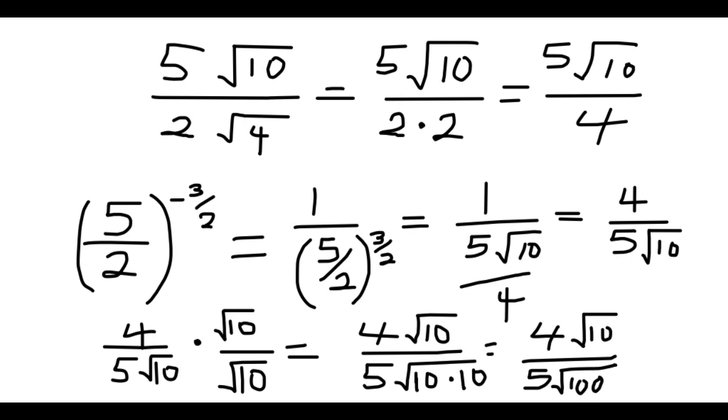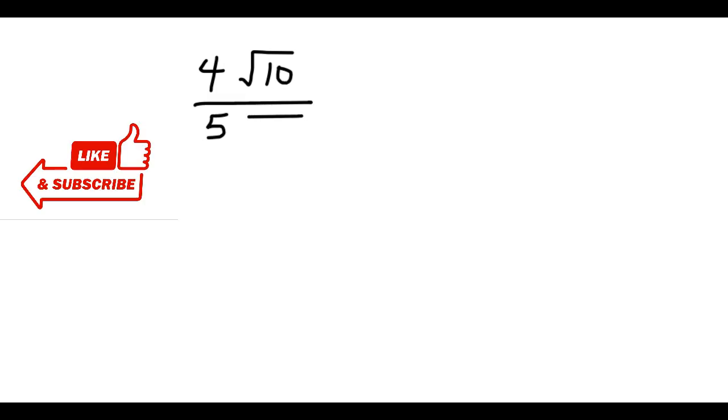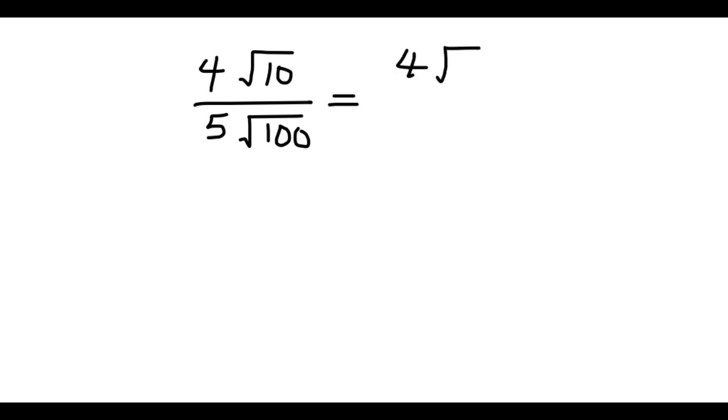So this can be written as 4 square root of 10 over 5 square root of 100, which will give us 4 square root of 10 over 5 multiplied by 10.